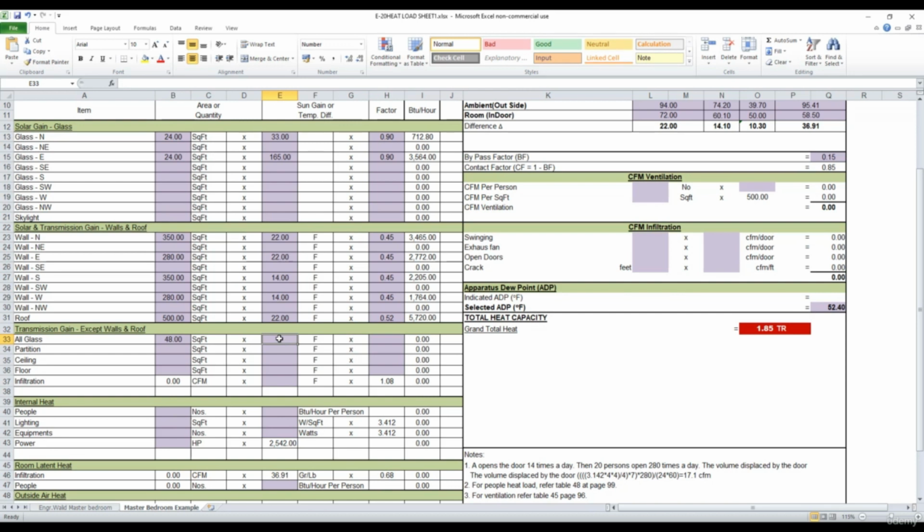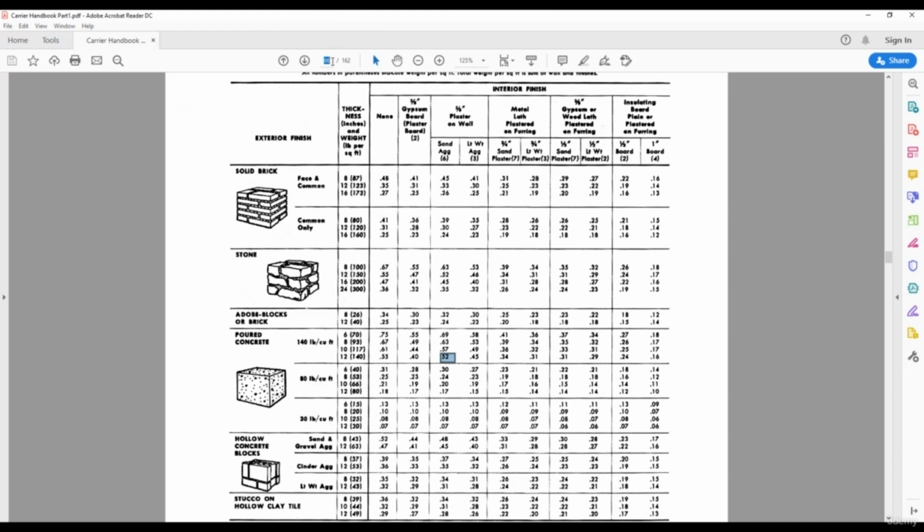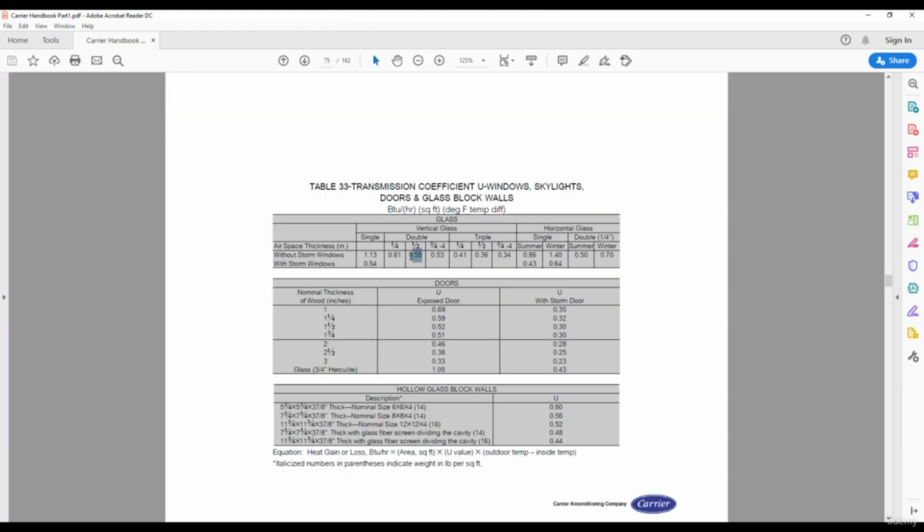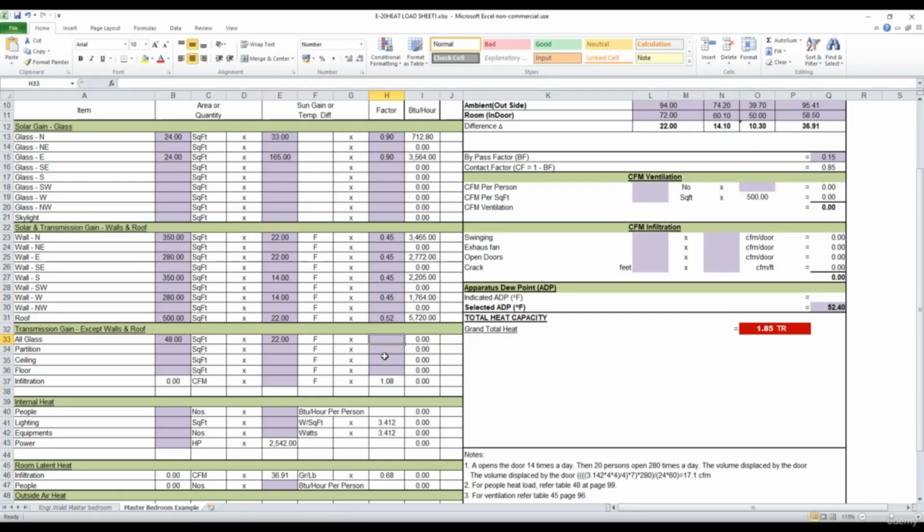Hence the TD is 22, and to find out the value of thermal conductance for glass, we have to refer to table 33 at page 75. Here, the transmission coefficient for a double pane glass with a half-inch airspace is 0.55. So once we fill in the value of 0.55, we find out the heat gain through transmission through the glass window.